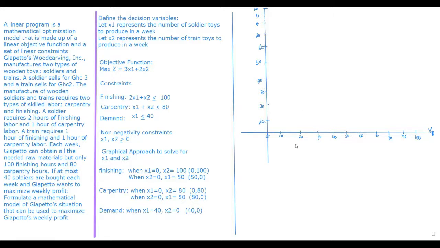All right, so I think this is okay. So let's plot that of finishing.